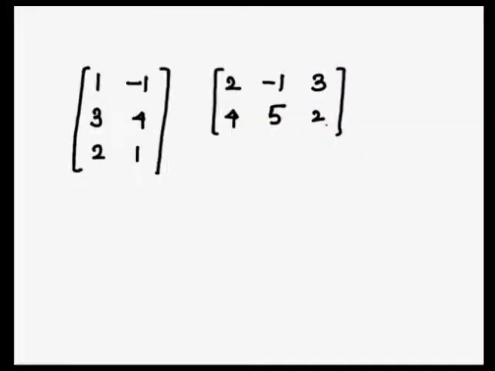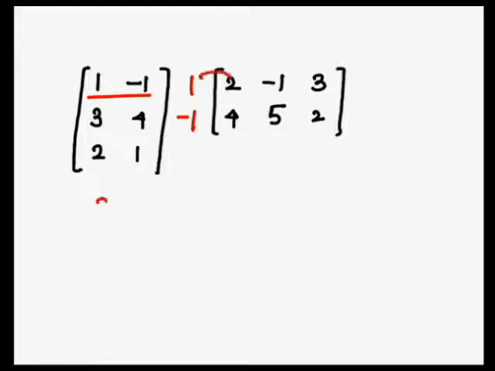So we consider the second matrix as a first and first as a second. Order of matrices plays a very important role in matrix multiplication. So if we interchange the order of matrices, what will be the resultant? Consider the first row 1, minus 1. We multiply first row with the first column.